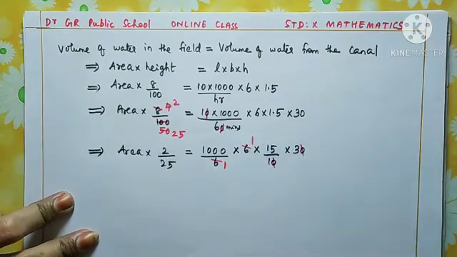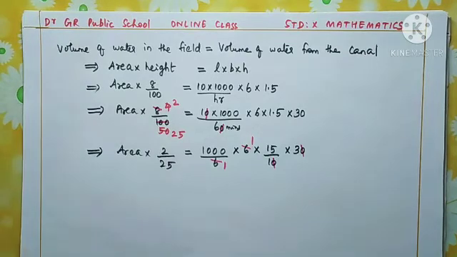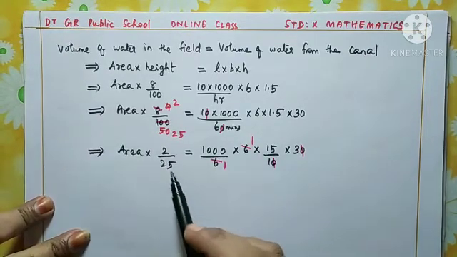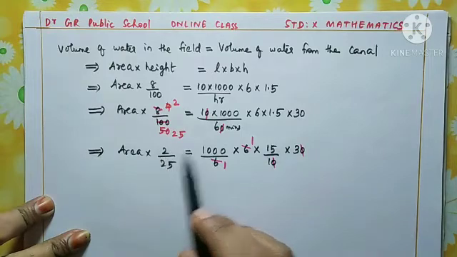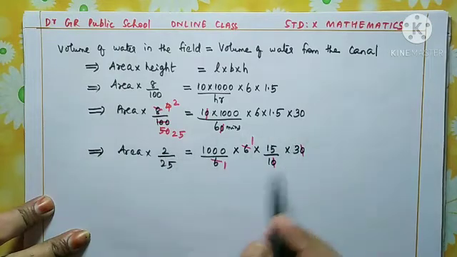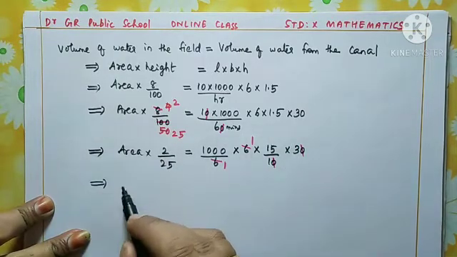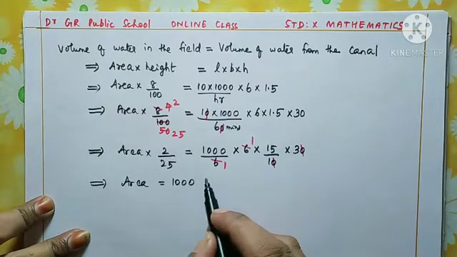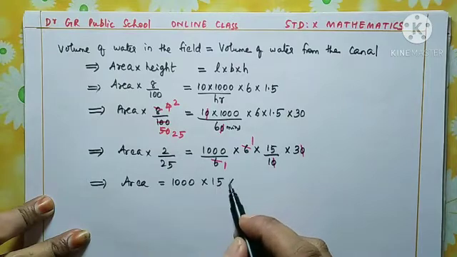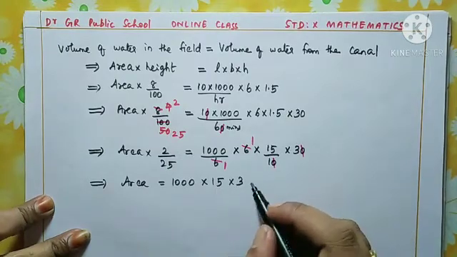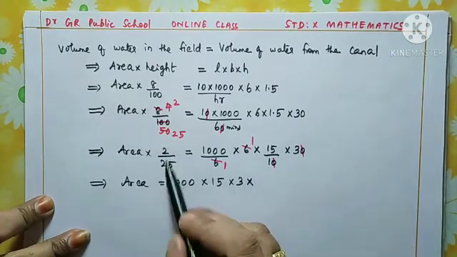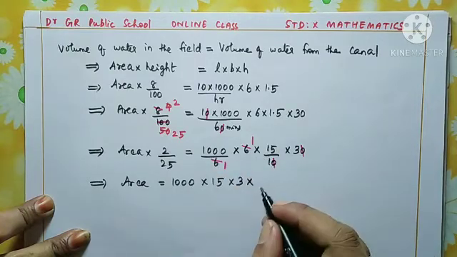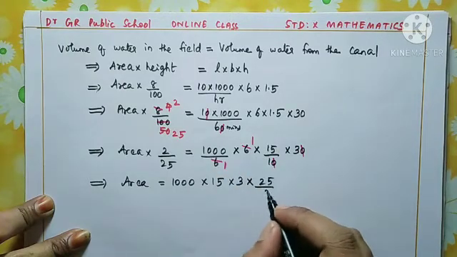0 0 cancelled. Now we need area, so this 2 by 25 I am transposing to the right side, it becomes a reciprocal. This implies area equal to 1000 into 15, 1 3 is there, into this 2 by 25 comes this side, it becomes 25 by 2.